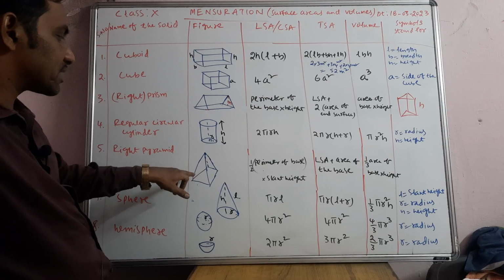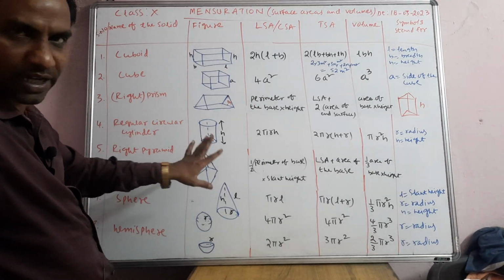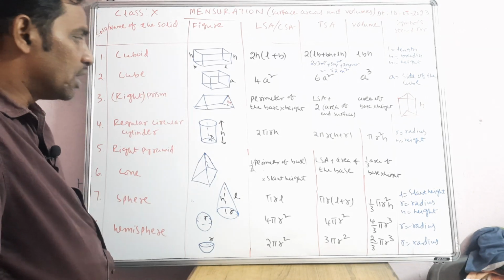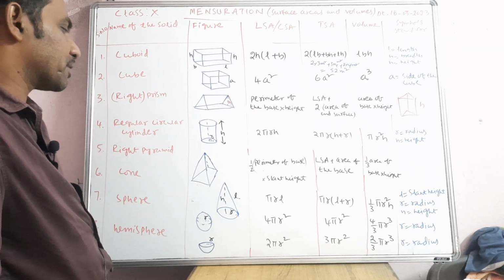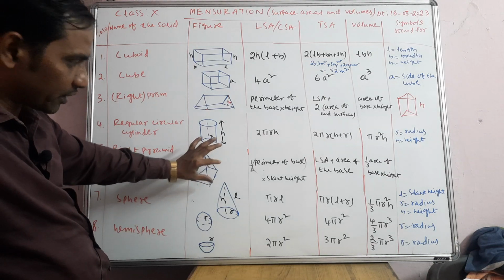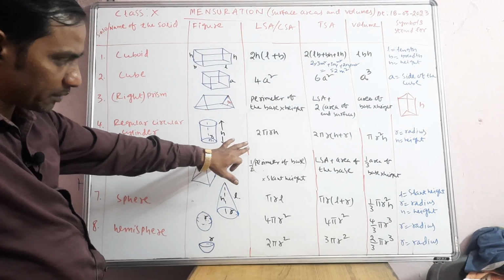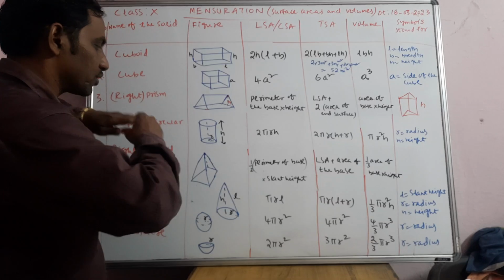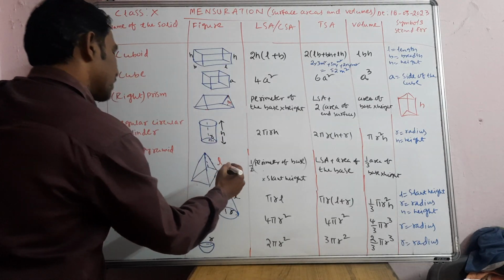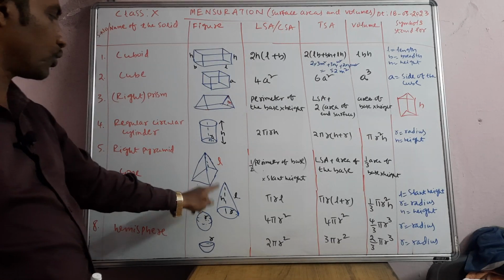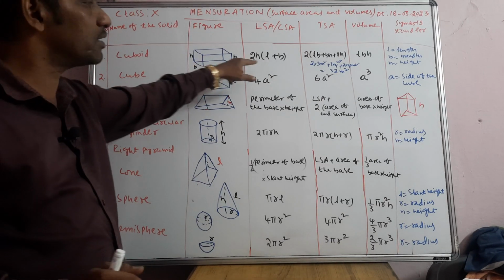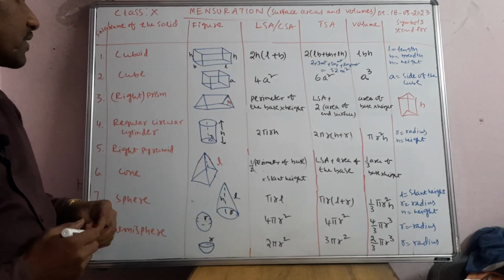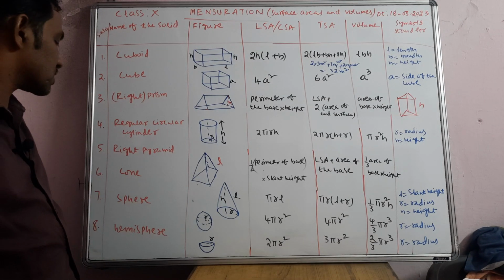Here you can see the triangles, east, west, north, south, meaning 4 sides, 4 triangles, like the Egyptian pyramids, etc. The formula is half into the perimeter of the base, for example here a rectangle, so take the rectangle's perimeter, into its slant height, L. Slant height for cone and pyramid is L, whereas the symbol L means length for cuboid, etc. Now we will go to the next, sphere.